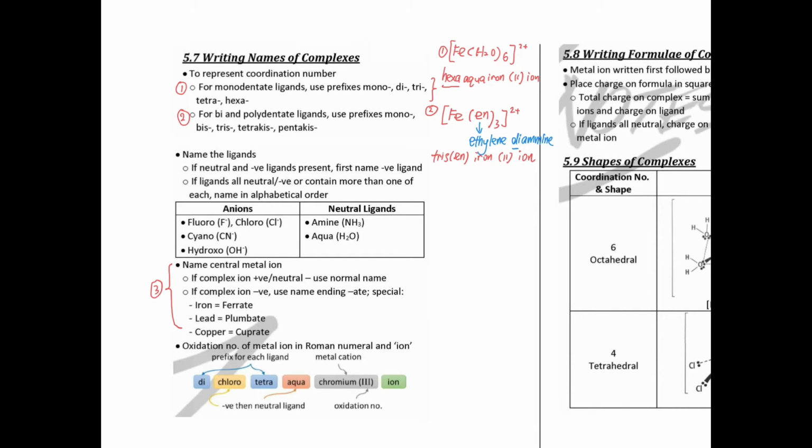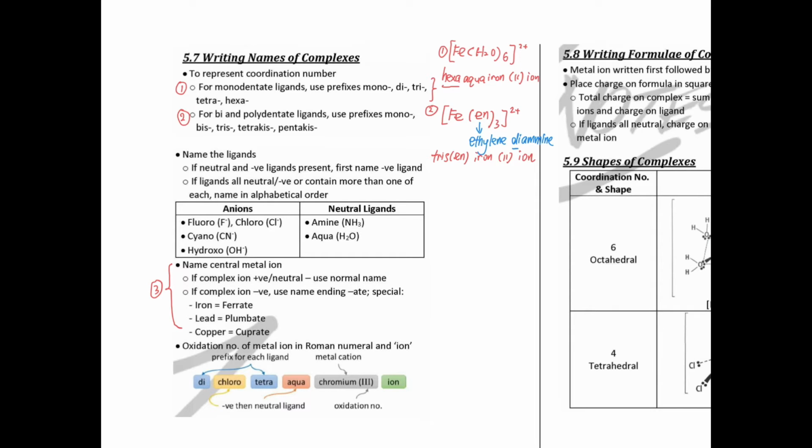To name the central metal ions, the rule is if the complex ion is positive or neutral. You see the first 2 examples that I gave here, they are positive. As you can see, the charge is 2 plus for both example 1 and example 2. So they are positive. If they are positive, the central metal ions use the normal name.